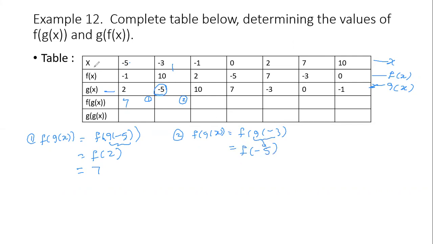To find f of -5, f is here. -5 is right here. That means we go down this column. F of -5 is -1.